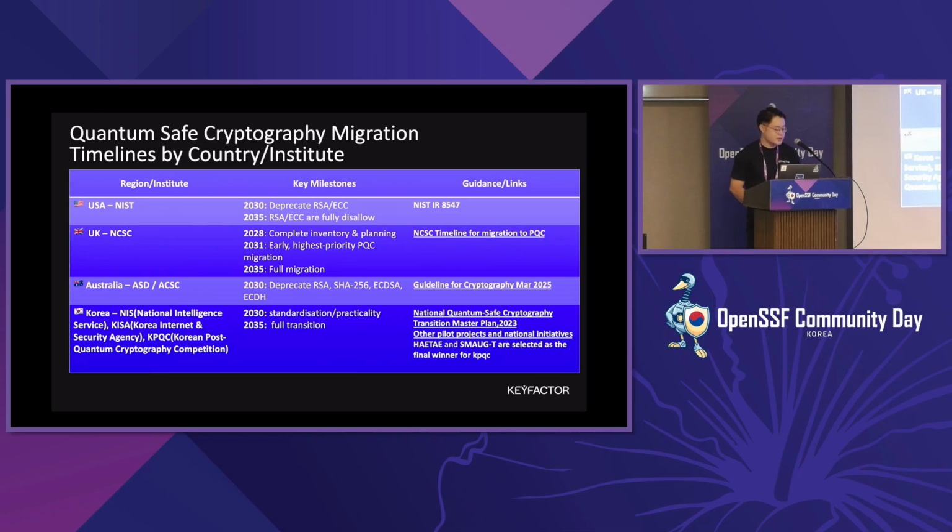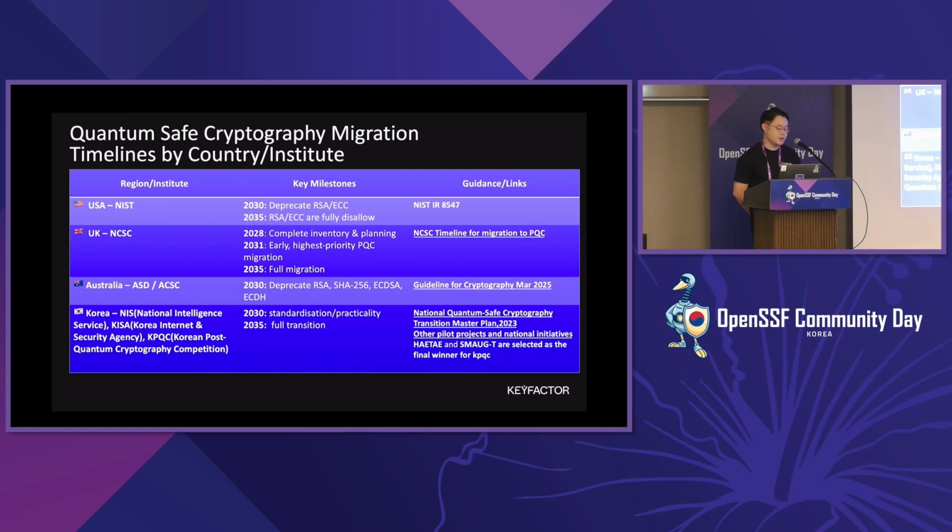In the local context in Korea, there are also publications of PQC transition master plans, led by the National Intelligence Service and KISA, the Korea Internet and Security Agency. There are also quite a few local PQC algorithms.